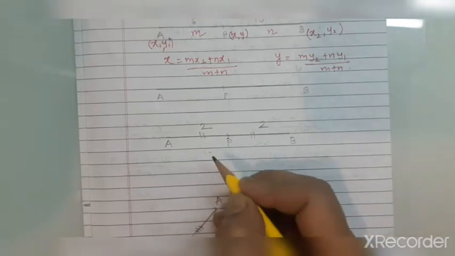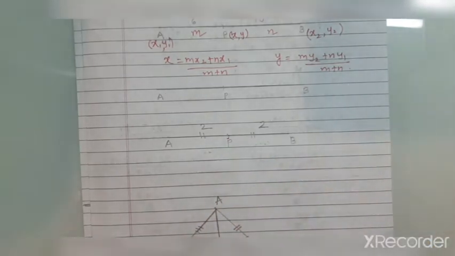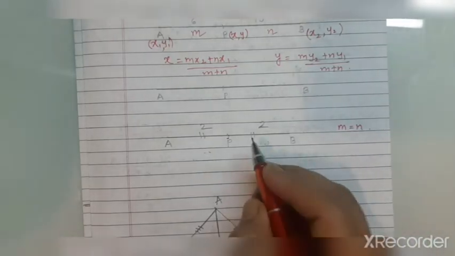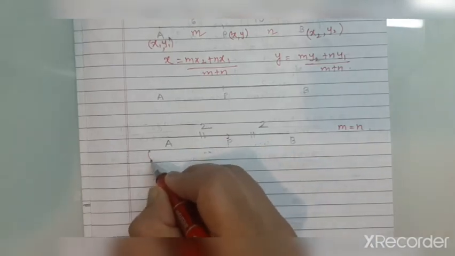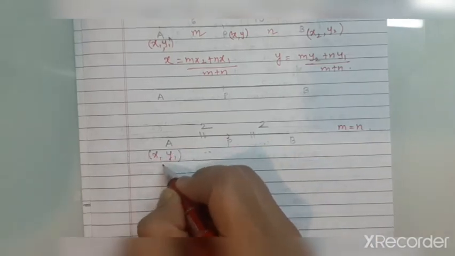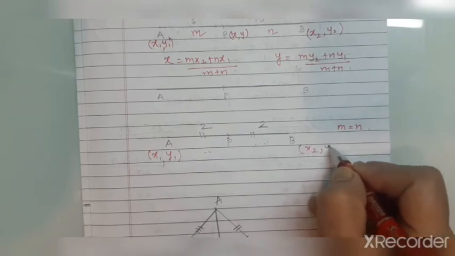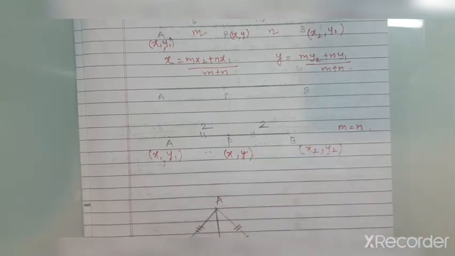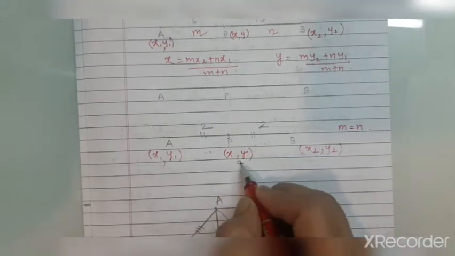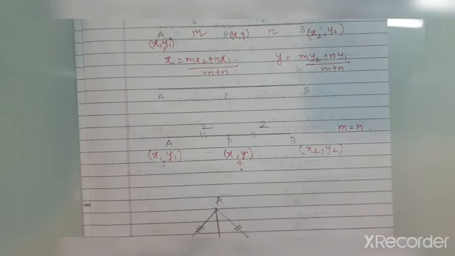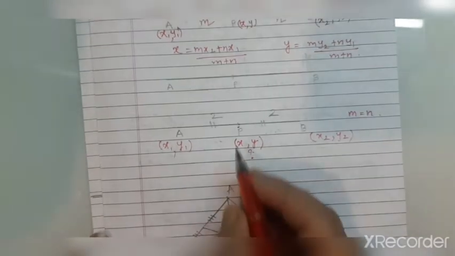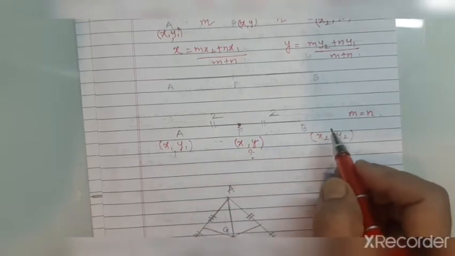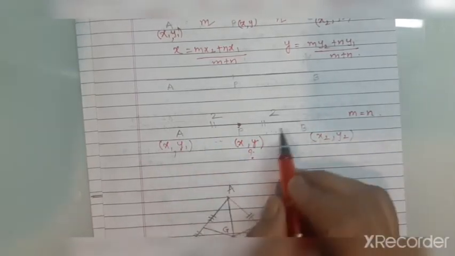So in this case, m is equal to n. If we take this as x1, y1, and this as x2, y2, and if this is x and y, how will we find the coordinates of x and y? Since P acts as a midpoint, and you all know what a midpoint is: a midpoint divides the segment into two equal parts.